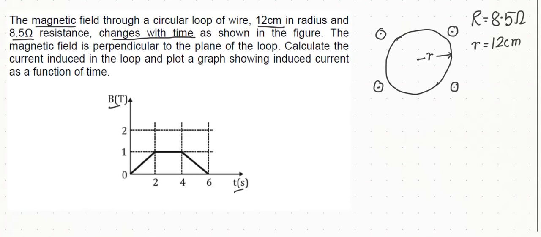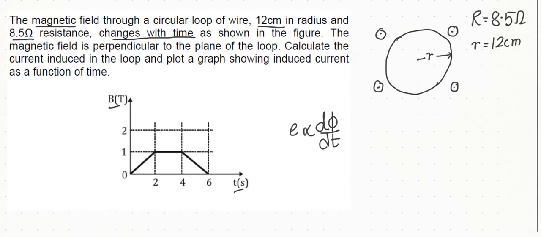Second law says that the EMF induced in the circuit, that's why the current flows, is proportional to the rate of change of magnetic flux. If the magnetic flux changes at a greater rate, more EMF will be induced.